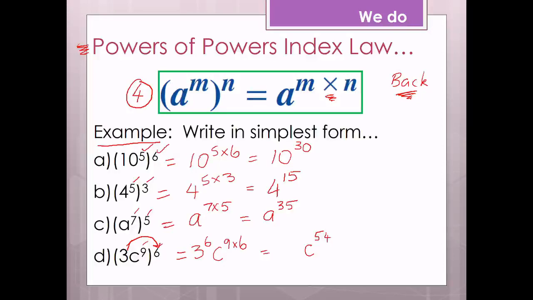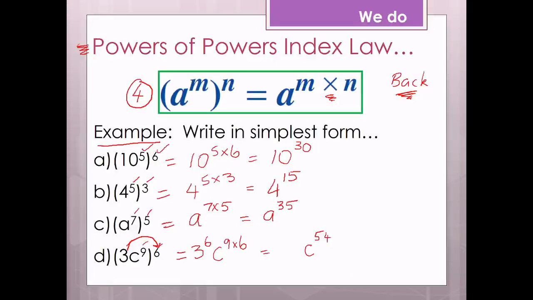So in actual fact, what we should do is we should get our calculators out and we should actually type in 3 to the power of 6. So if you have your calculator handy, type in 3 to the power of 6. You'll have to find your power button. It's usually the one with the x with the little coloured in square next to it if you've got your Casio calculator.